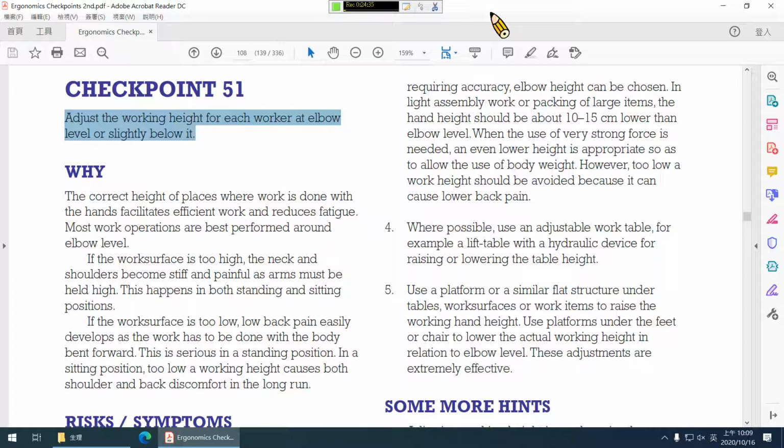The second question is why slightly below it. This checkpoint tells you the optimal work surface height is at the elbow level, slightly below.